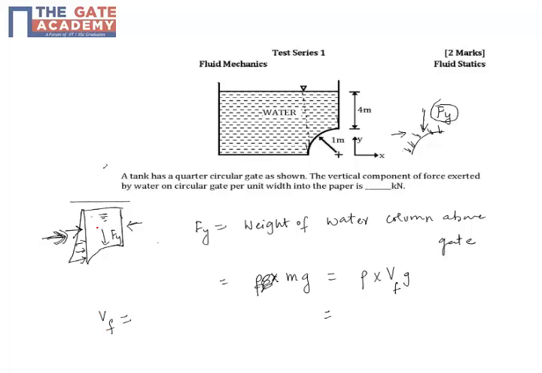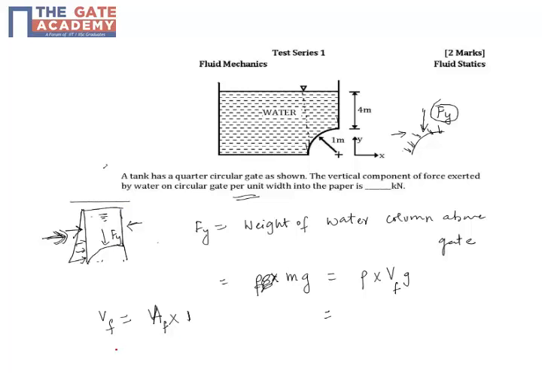I will write the volume as the area of the fluid into the depth, which is 1 unit, that's what we are asked. So the area shown here, into the depth perpendicular to the paper, that is 1.